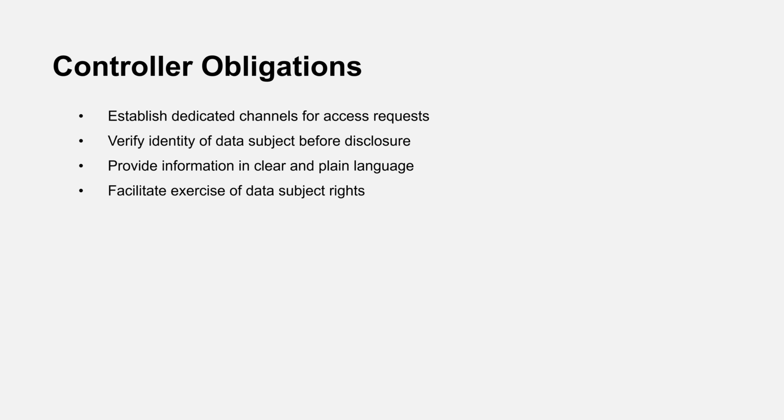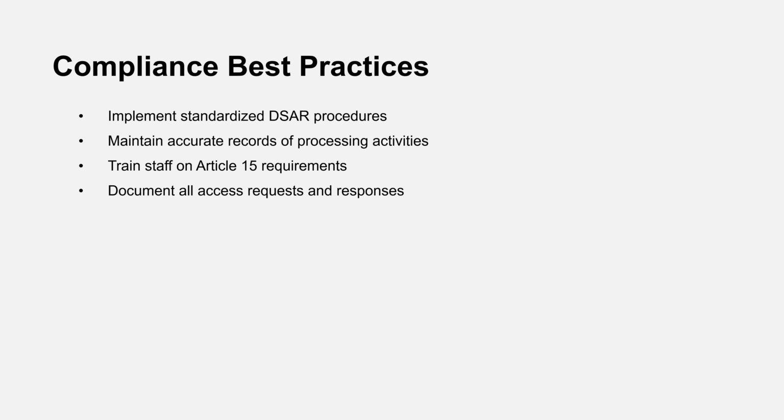Compliance best practices. From a company's perspective, good preparation is key. They should have a standard process for handling data access requests. They must maintain proper records of what data they collect and how they use it. Employees should be trained so they know how to respond correctly. And every request and response should be documented for accountability.